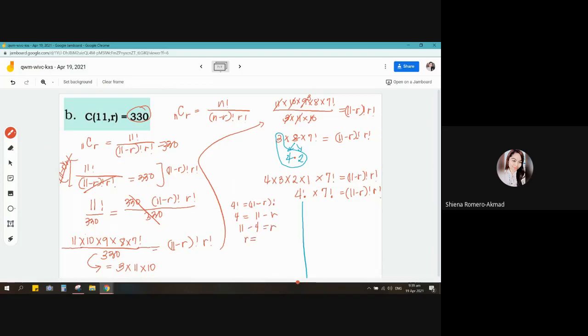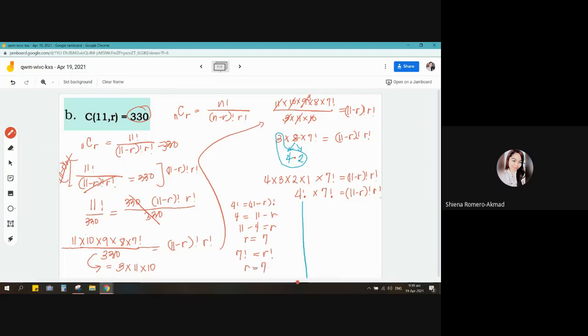And our r here is equal to 7. So, we can say that if 4 factorial is equal to 11 minus r factorial, 7 factorial is equal to r factorial. So, our r here is 7 also.